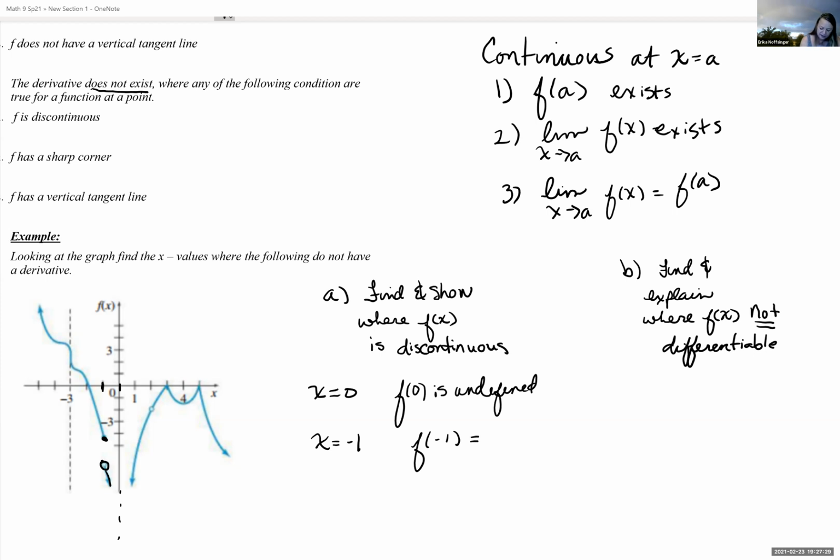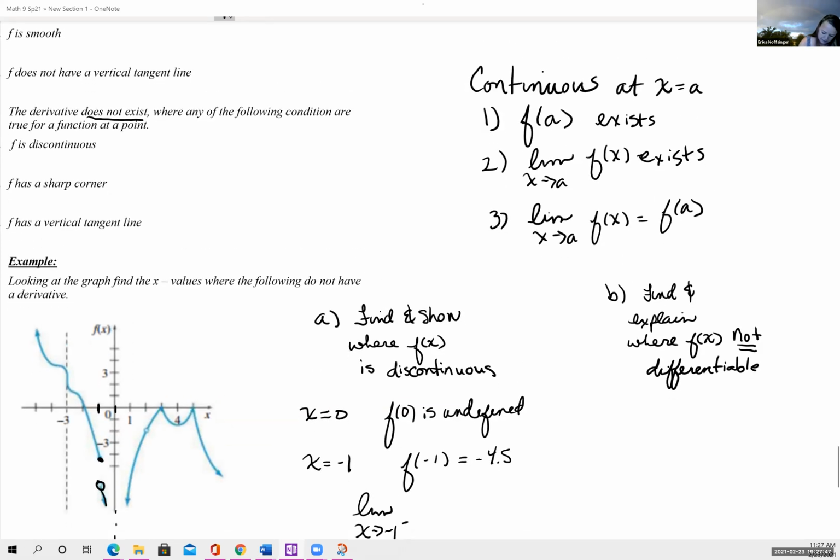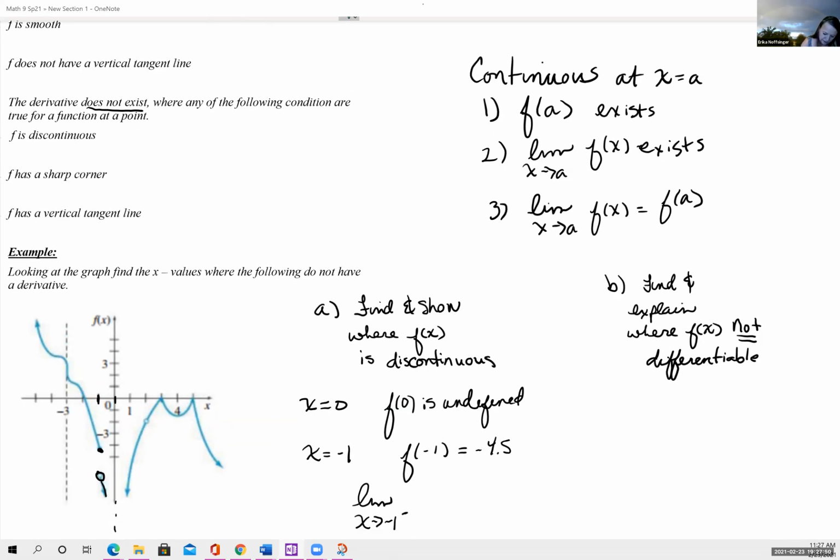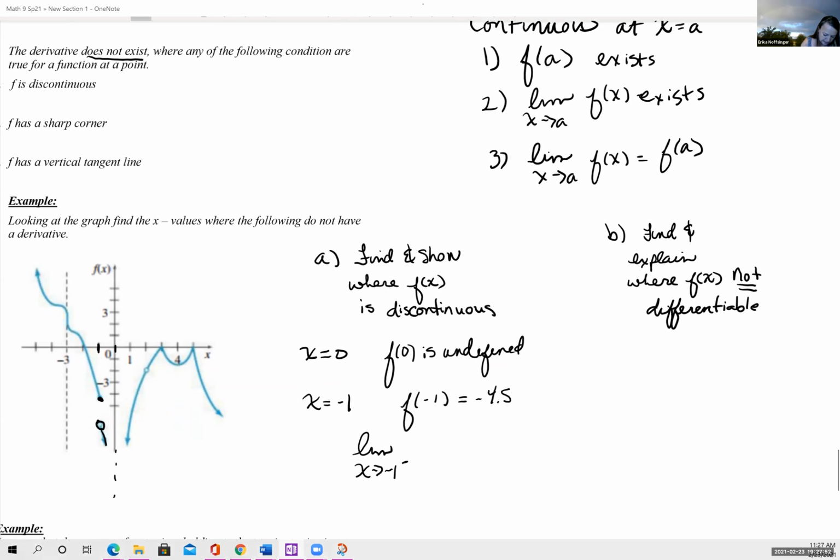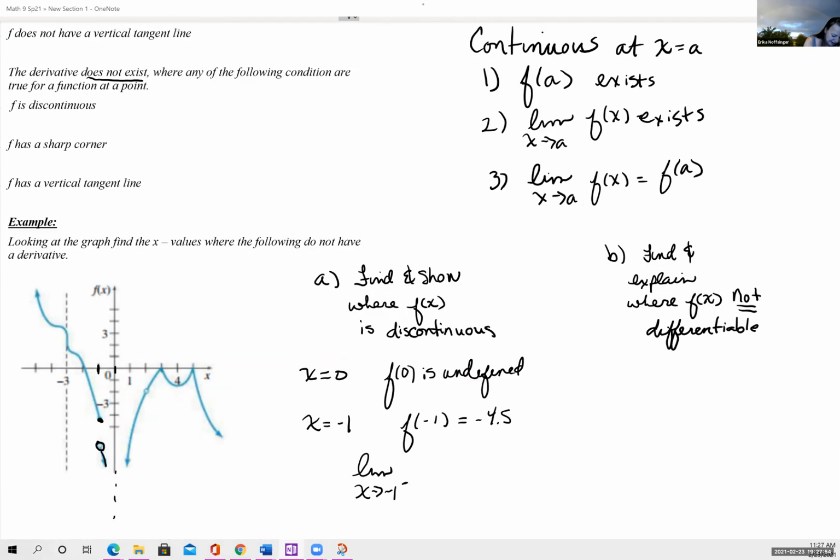So f of negative 1 does exist, and it's negative 4.5. But look at the limit as x is approaching negative 1 on the left-hand side. Coming in on the left-hand side, this is giving me that y value of negative 4.5.